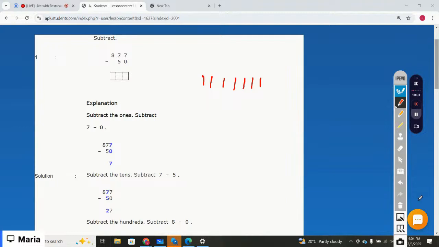So start subtracting from the ones digit. These are the ones digits, tens digit, and hundreds digit. You have to do 7 minus 0. 7 minus 0 is 7. And then you have to subtract a tens digit. 7 minus 5 is 2. And then you have 8, that is 827. The correct option is 827.